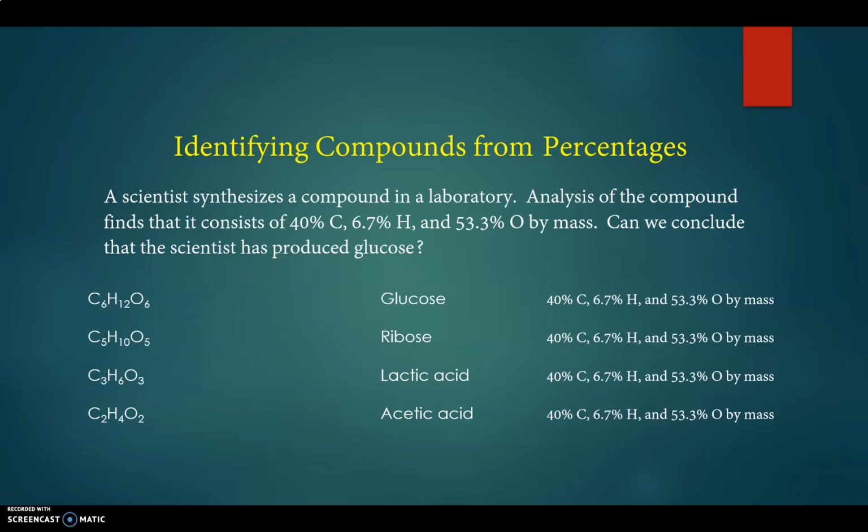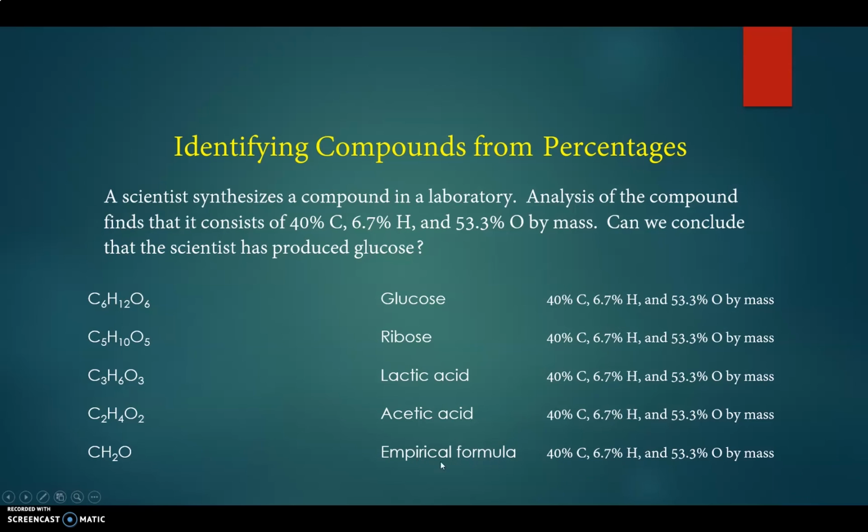The same thing is true with the other three. We have 5, 10, and 5, which divided by 5 gives us 1, 2, and 1. Divide the lactic acid by 3 or the acetic acid by 2, they all reduce down to CH2O. So CH2O is the empirical formula.